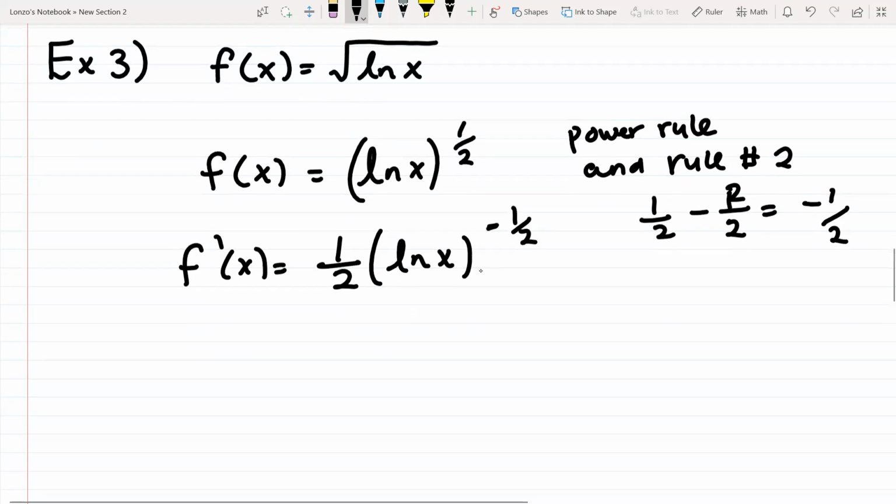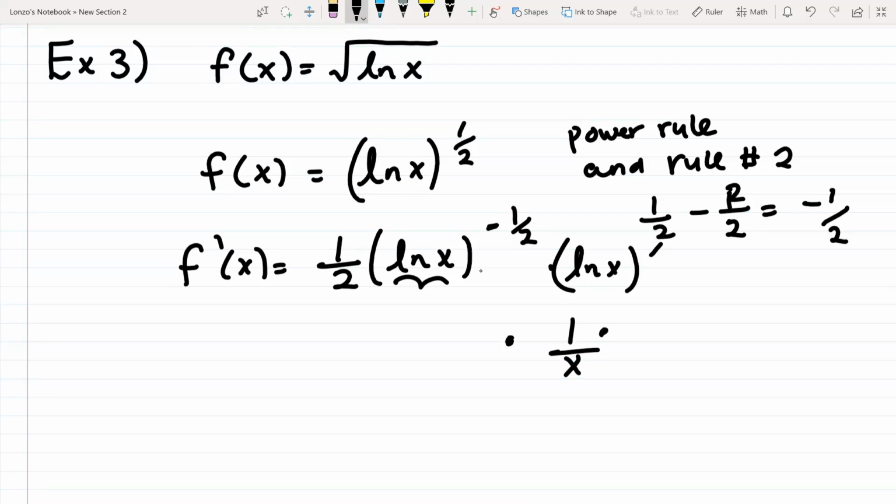Then what you're going to do is take the derivative of ln of x, so it would be times the derivative of ln of x. We know the derivative of ln x is going to be 1 over x times the derivative of x, which is really just 1.